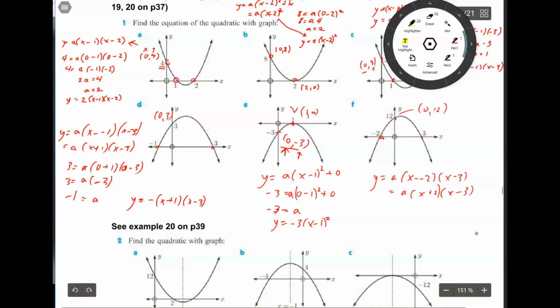And 0, 12 is a point x, y that makes that true, so I'm going to put 12 equals a times 0 plus 2, which is 2, and 0 minus 3, which is negative 3, which is equal to negative 6a. Divide both sides by negative 6, and we end up with a equals negative 2.